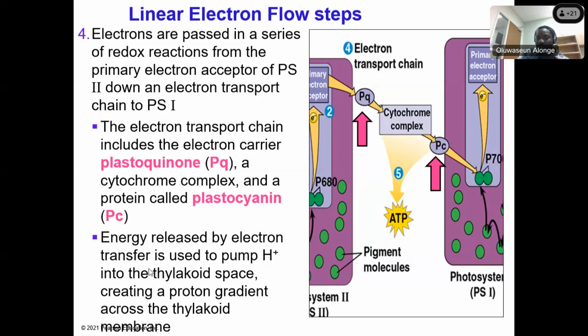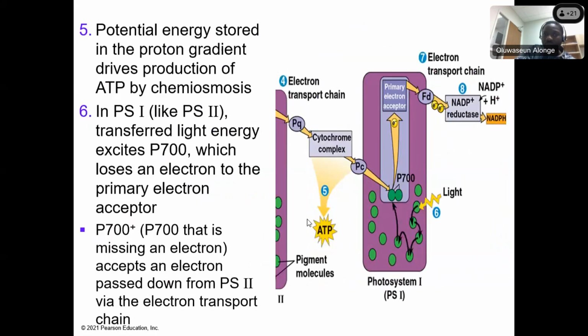Energy released by electron transfer is used to pump hydrogen ions into the thylakoid space, creating a proton gradient across the thylakoid membrane. Now, the potential energy stored in the proton gradient drives the production of ATP. Think about chemiosmosis in cellular respiration. That's the same way it happened here, because it doesn't require phosphate, right?